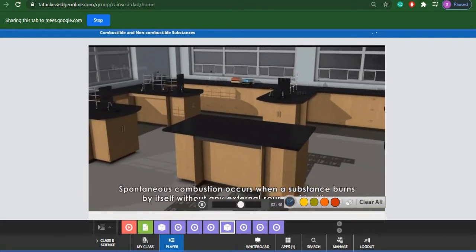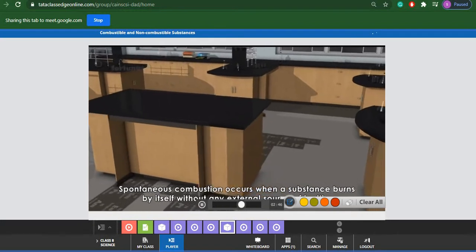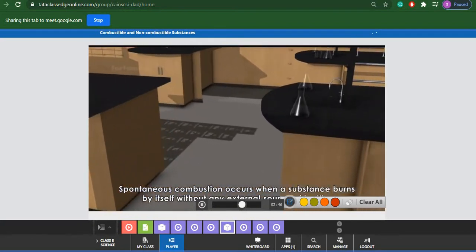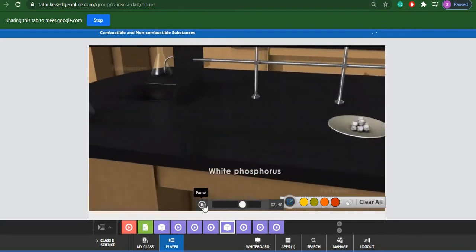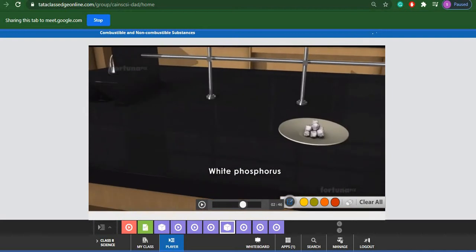Spontaneous combustion occurs when a substance burns by itself without any external source of ignition. So in the first case, you need an external source of heat or temperature basically, but in the spontaneous case, it's not needed. And this is white phosphorus.